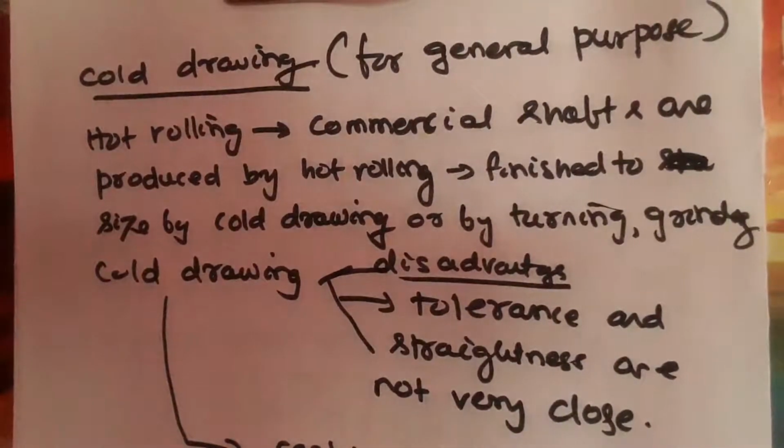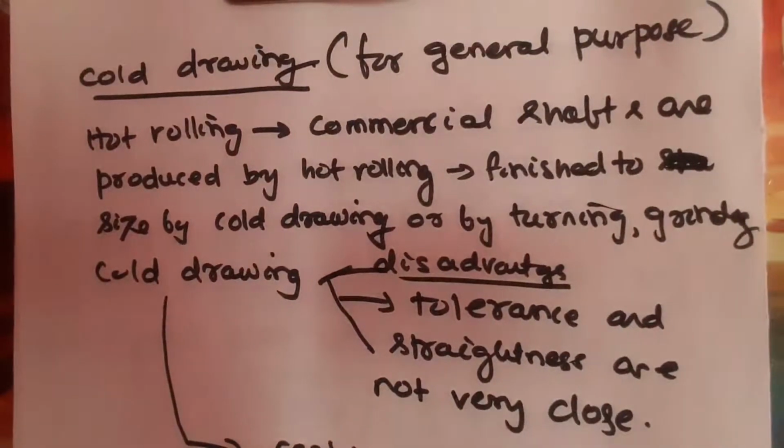After rolling it is cold drawn, or normally machined, turned or ground to bring it to exact sizes, right? So after hot rolling, the finishing is done by cold drawing or by turning and grinding.